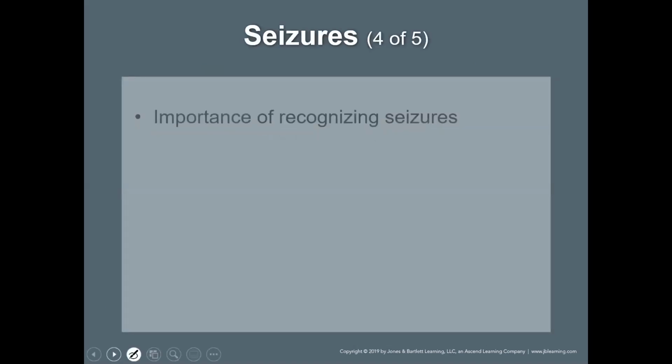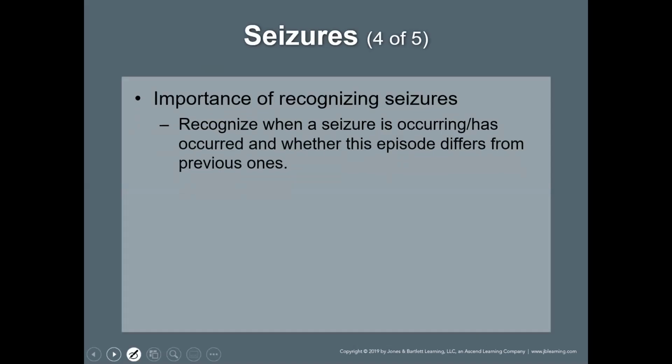So now we have the importance of recognizing seizures. Recognize when a seizure is occurring or has occurred, and whether this episode differs from previous ones. So if somebody saw it, it's much easier to do that if you have a witness to ask questions. It's very important to try to find out what happened.